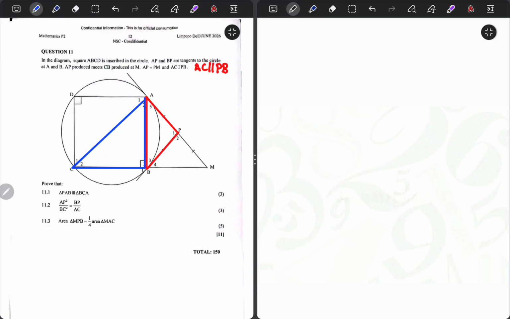So the two are similar. That should be very easy. Question number 11.